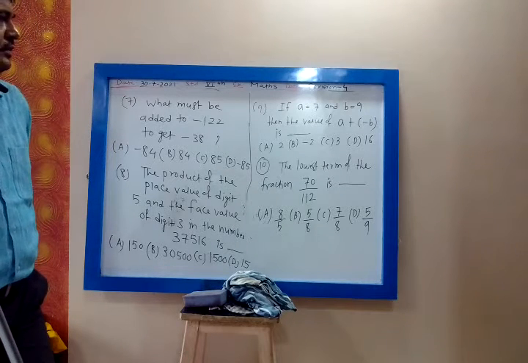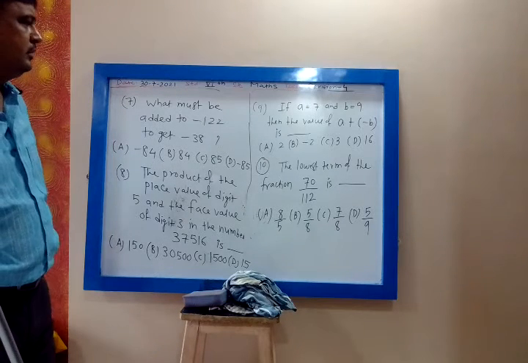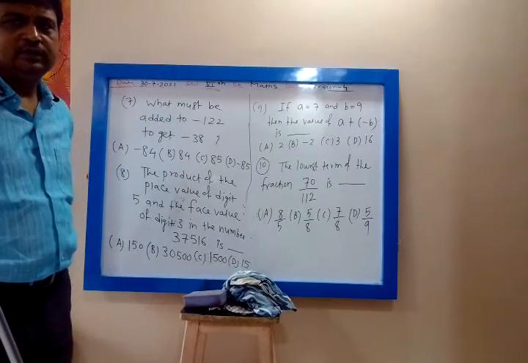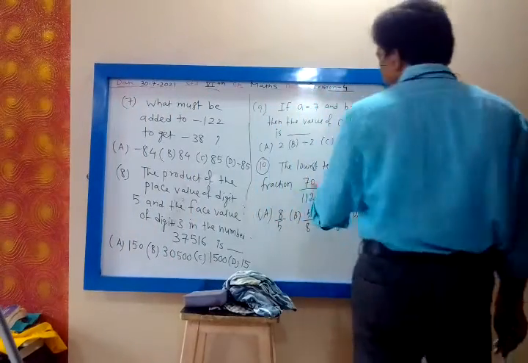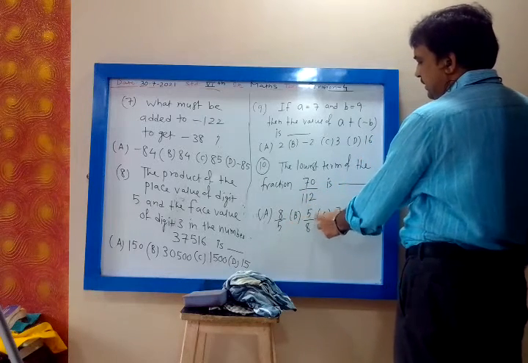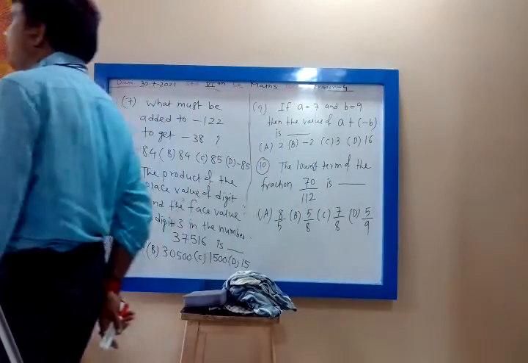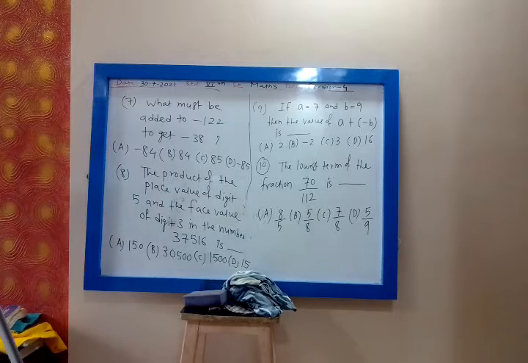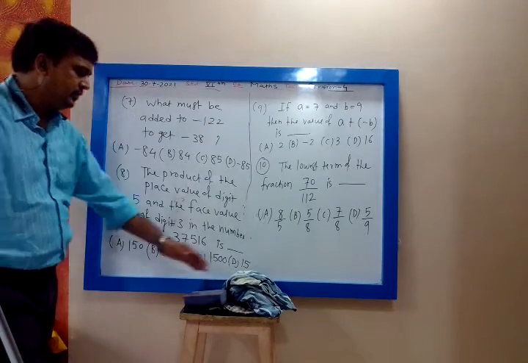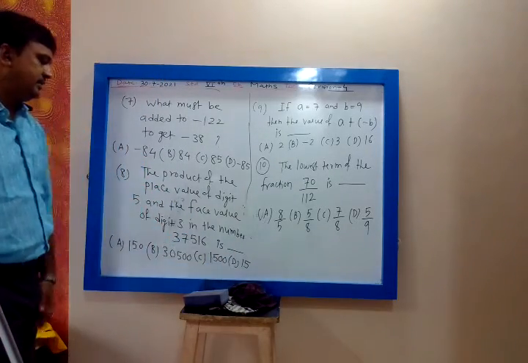Check the calculation. The last one: the lowest term of the fraction 70 upon 112 is 8 by 5, 5 by 8, 7 by 8, 5 by 9.